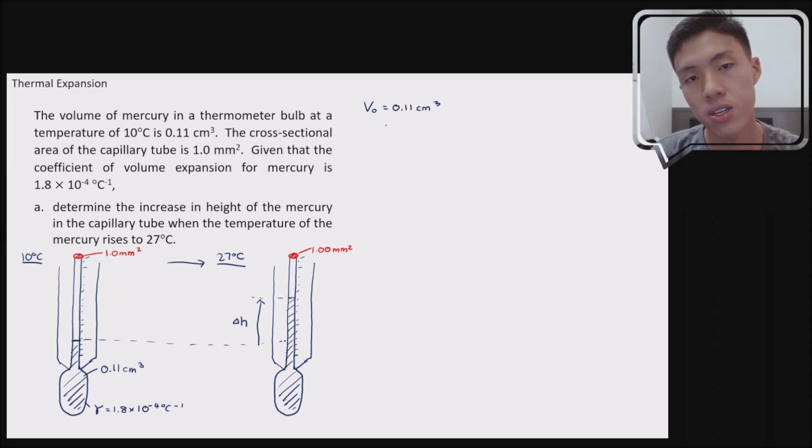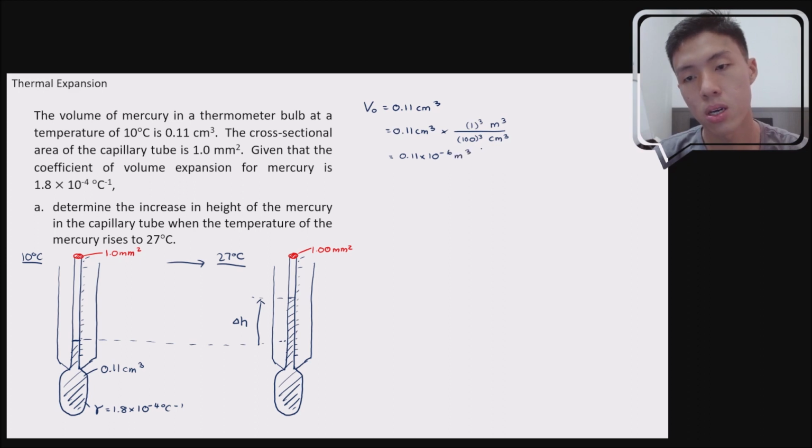To convert it, you eliminate the cm cube by putting it on the other side of the fraction, then replace it with meter cube instead. You know that 1 meter is equivalent to 100 cm, so you cube both sides of the fraction. That gives 0.11 times 10 to the power of negative 6 meter cube.